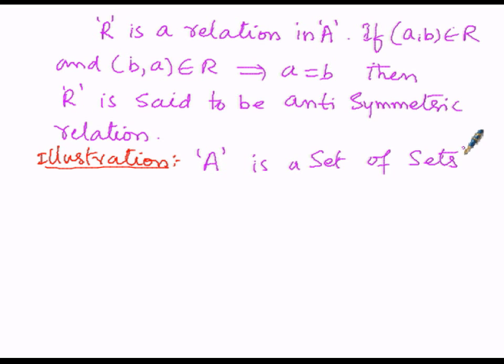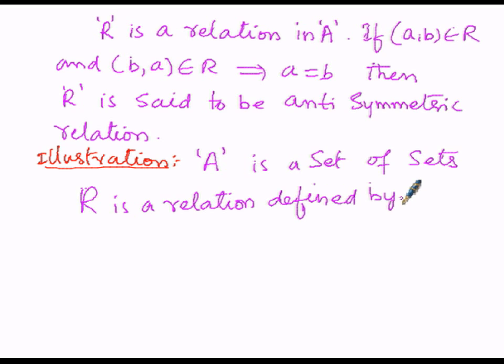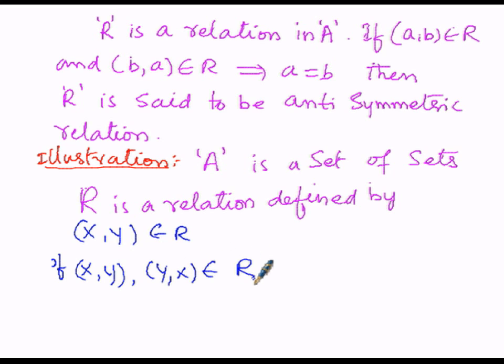Here A is a set and R is a relation defined by x, y belongs to R. If x, y as well as y, x both belong to R, then automatically x must be equal to y.